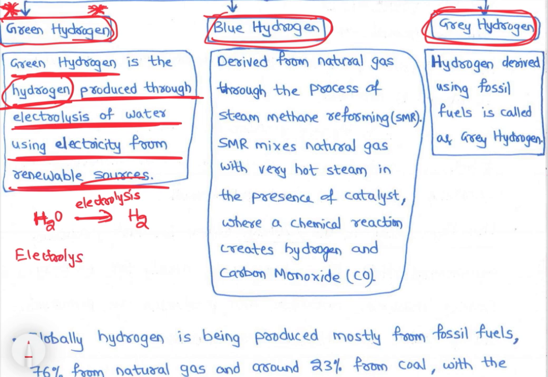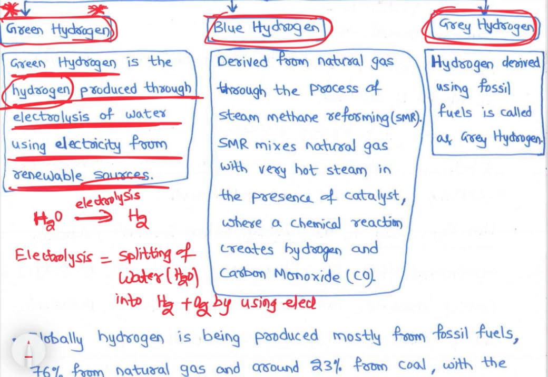Electrolysis is splitting of water, that is H2O, into H2 plus O2 by using electricity. Electricity is called electrolysis. So that is, see, water है, हम इसको एक सेल में डालेंगे, right?